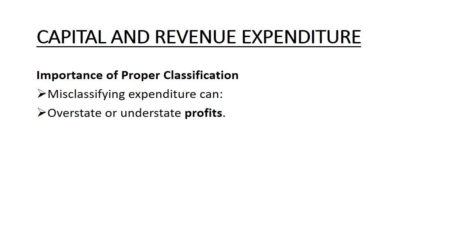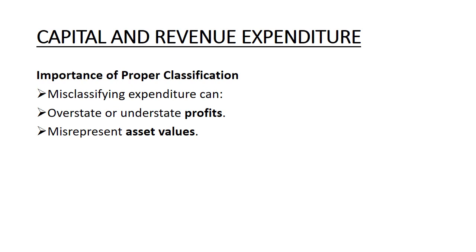Also, it can misrepresent asset values. Think of it in this way. You spent 100,000 to buy pens for resale. Then you record that as a purchase of a fixed asset, as a capital expenditure.